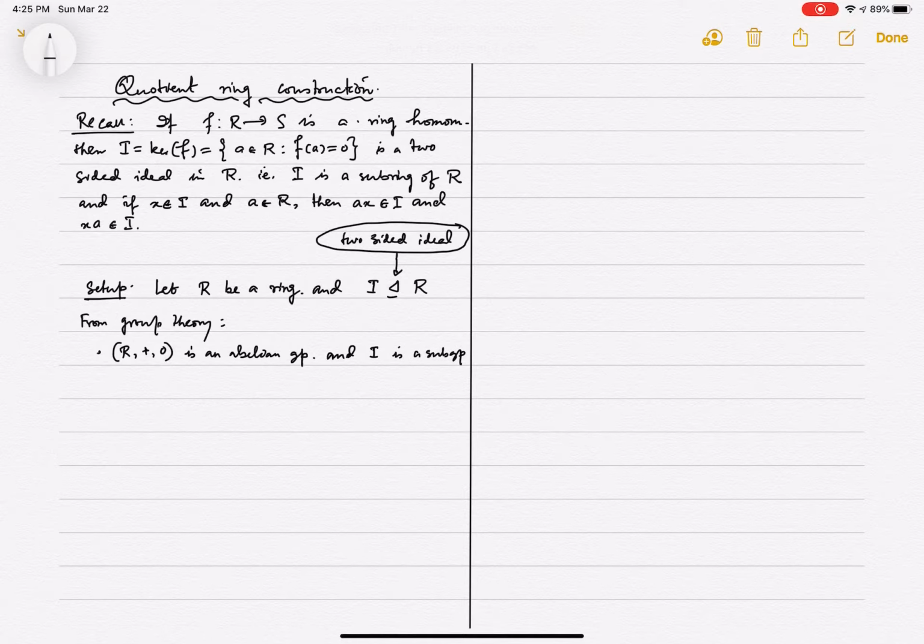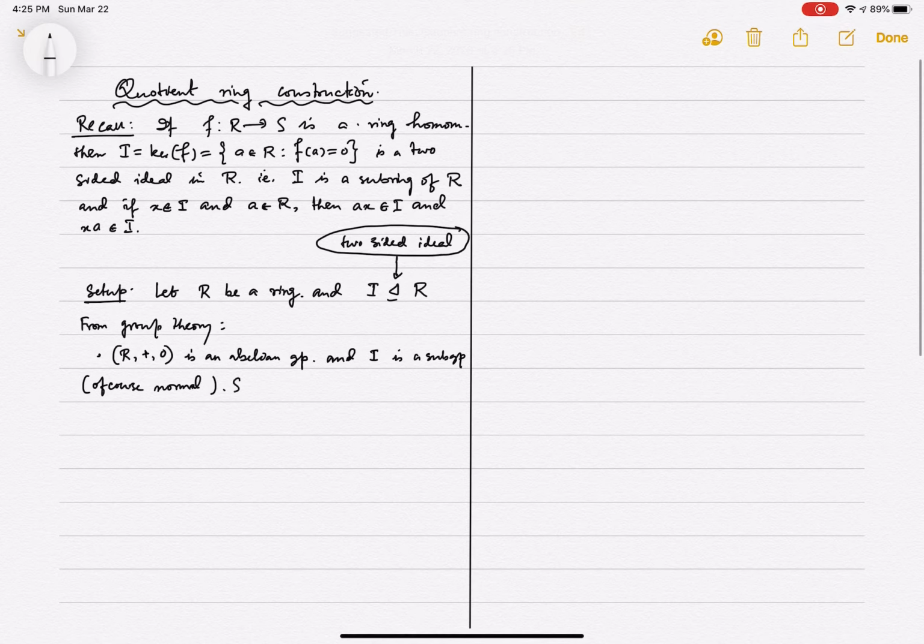Of course, it's normal: it's a normal subgroup of R, plus, 0 because R is abelian, so every subgroup is normal. So R mod I makes sense as a quotient group.